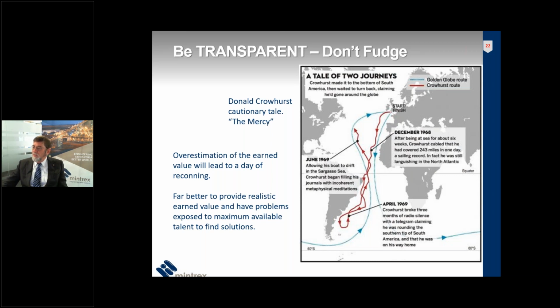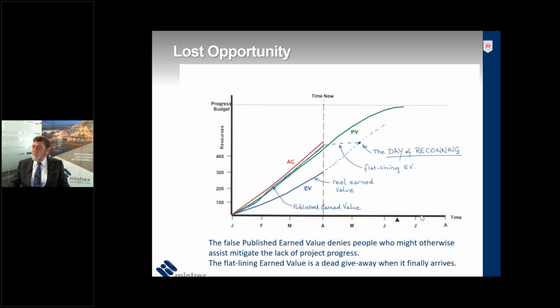And what's the relevance to this? Well, this is what happens in projects, and this is an extreme example where I've falsified the earned value with the blue line just under the red line, and then I've got to the stage where I need to put the roof on, but the walls that I claimed were finished aren't really ready, and so I flatline for a whole series of periods while I finish what I've said I've finished, but I haven't.